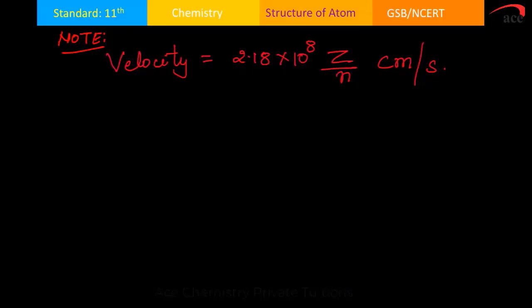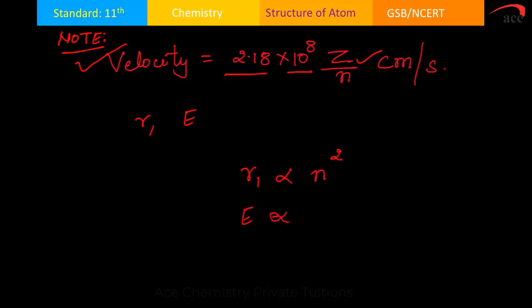Okay. Now as we discussed the formula to calculate radius and energy, there is one more formula and that is to calculate velocity. If you see the number remains same, 2.18, but the power is 10 raised to 8, atomic number upon orbit number. So if you remember in radius we saw n square was here.